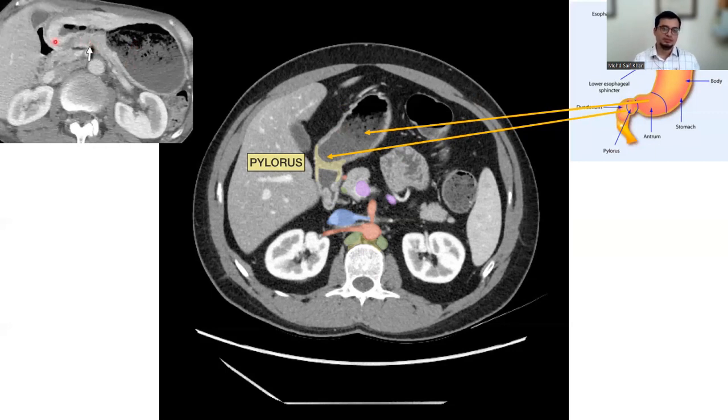So you can see the wall of the pylorus is quite thick, and you can see there is a collection. The whole left side of the abdominal cavity is occupied by the stomach, mostly the fundus and body part, and probably there is a gastric outlet obstruction.